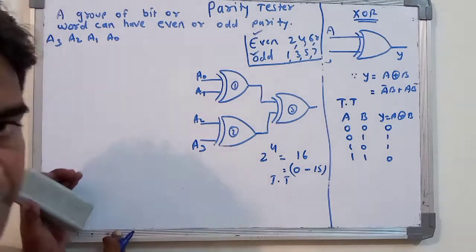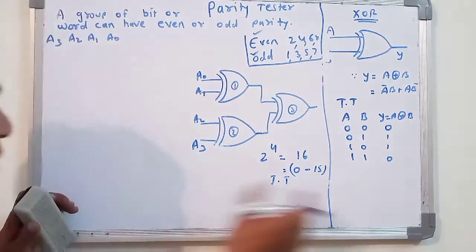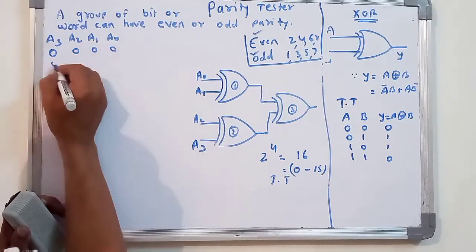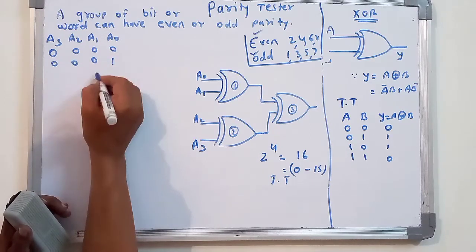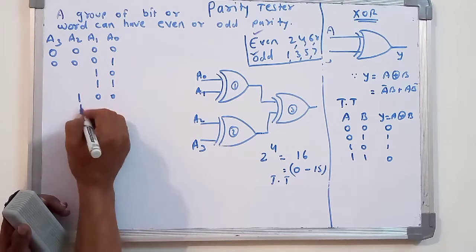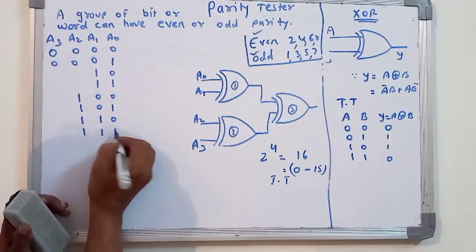These are all the formations you get in the form of zeros and ones. Now the 4-bit values: 0000, 0001, and so on, 2, 3, 4, 5, 6, 7.